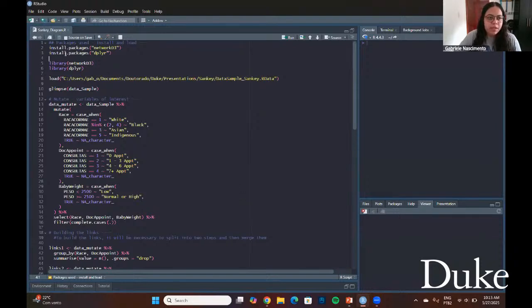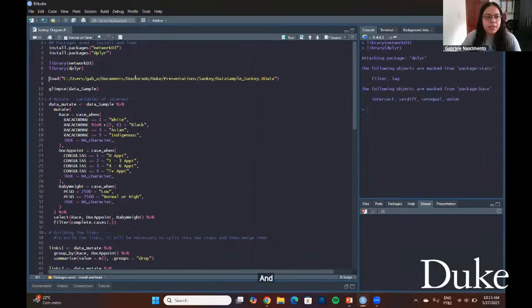So first of all, these are the packages that I used. And this data set is a birth registry from 2023 in Brazil. It's for the whole country.